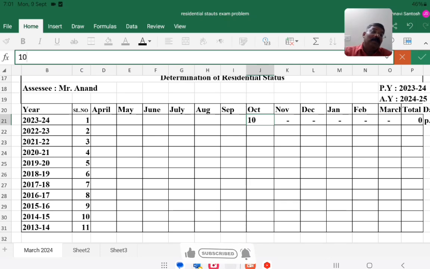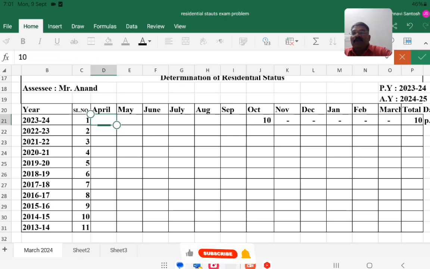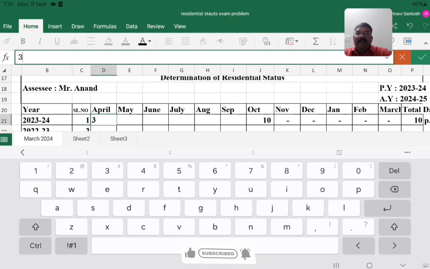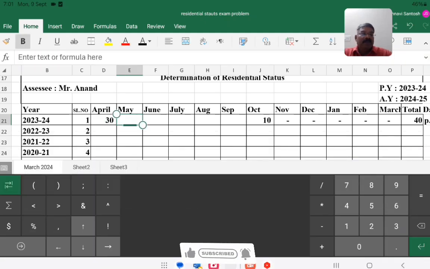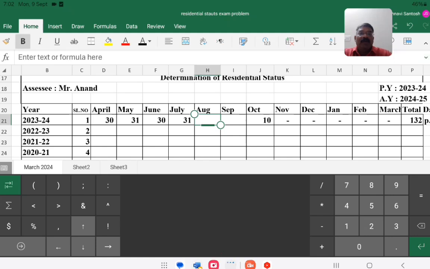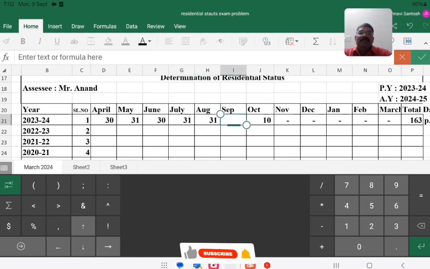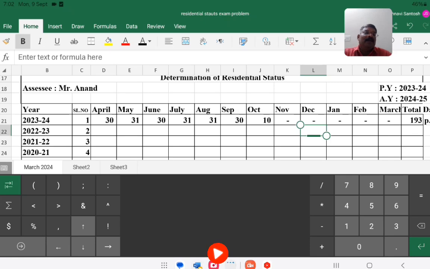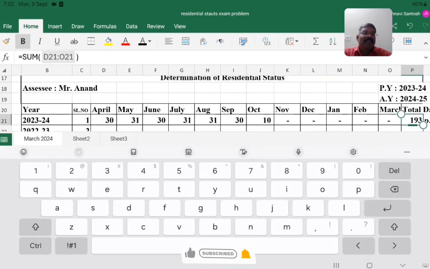He comes back on April 10th, so we are not concerned with that. Now I fill the first column: April he was there for 30 days, May 31 days, June 30 days, July 31 days, August 31 days, September 30 days. So the total comes to 193 days he was present during the previous year.